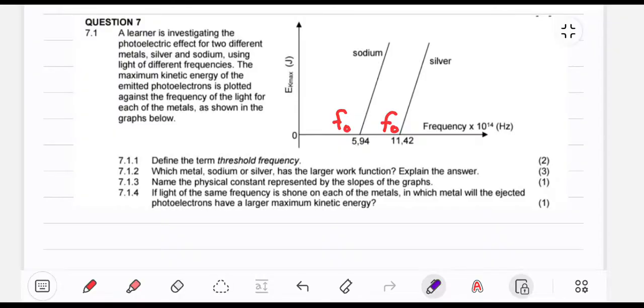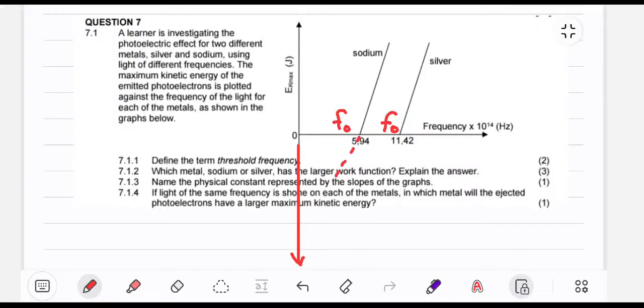So for this type of graph, you should remember the x cut is f0.